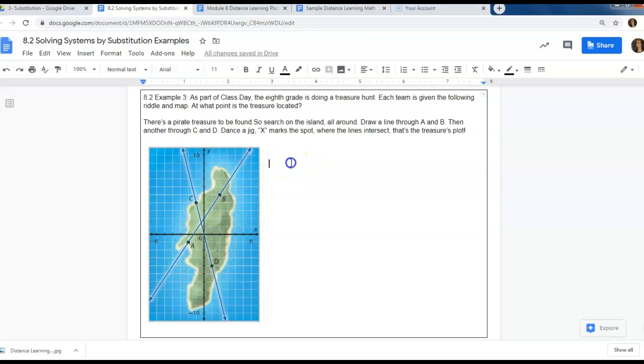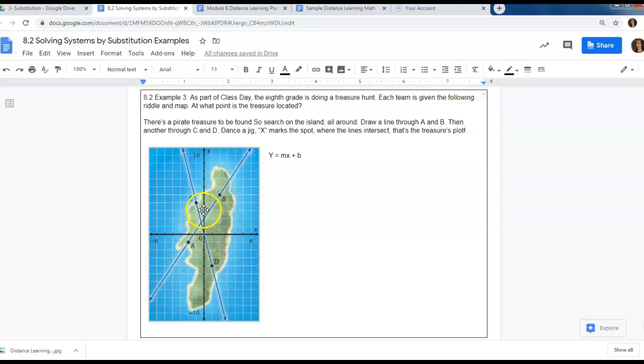Remember, the formula for slope-intercept form is y equals mx plus b. M stands for the slope, and b stands for the y-intercept. So here the y-intercept is 2. Now to find the slope from this point to that point, how much do I rise?